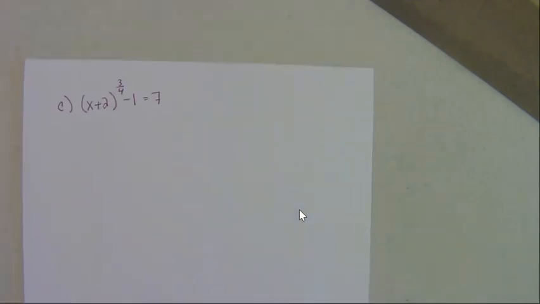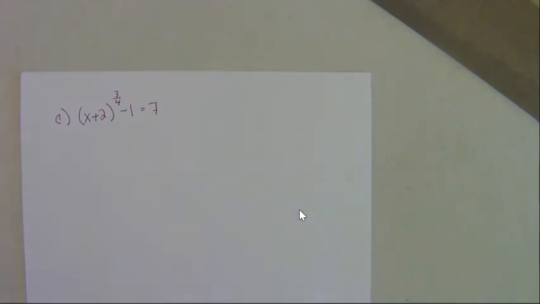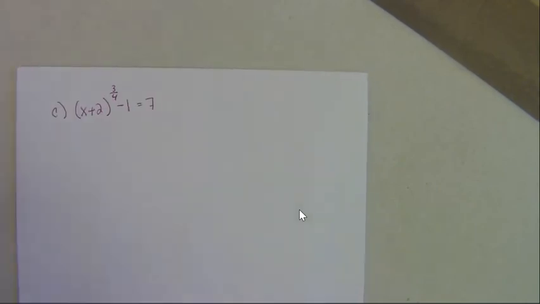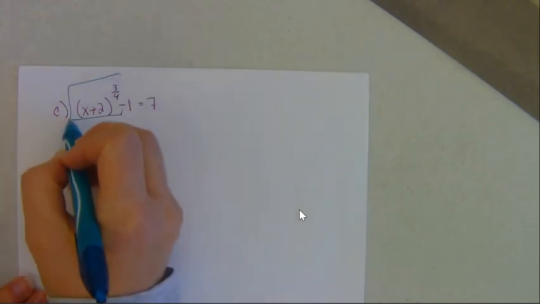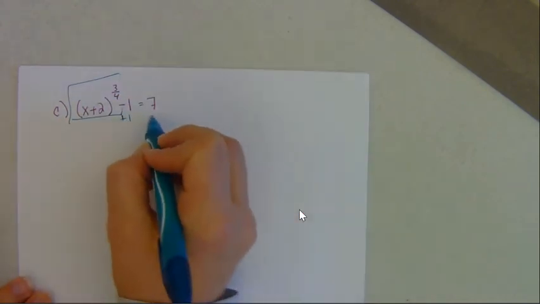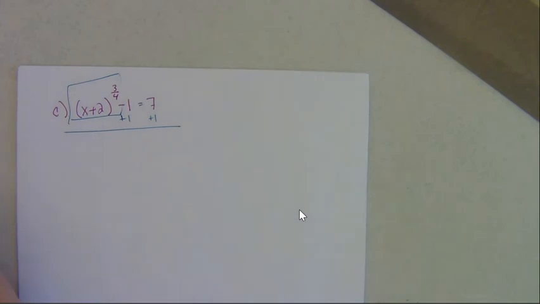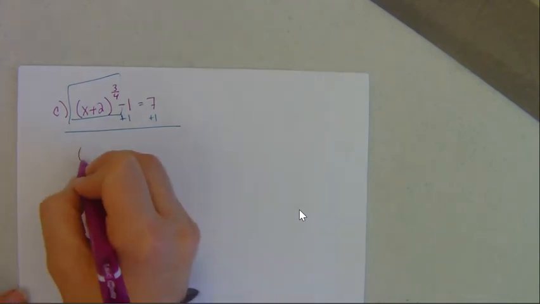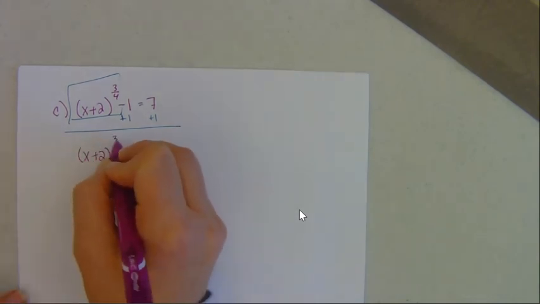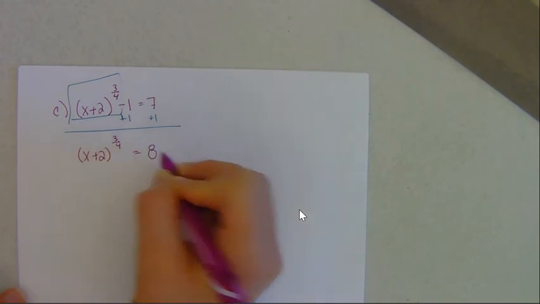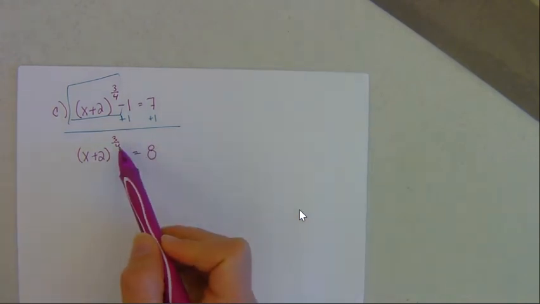All right, let's check out this example C, where now I have this rational exponent. It's the same idea, but I still have to get this x plus 2 term by itself. I have to get this piece by itself. So I'm going to move over this 1 first. So now I'll have x plus 2 to the 3/4 power equals 8. So I have to get rid of this exponent.